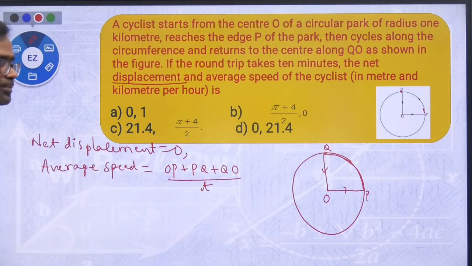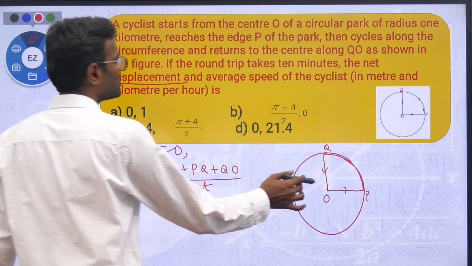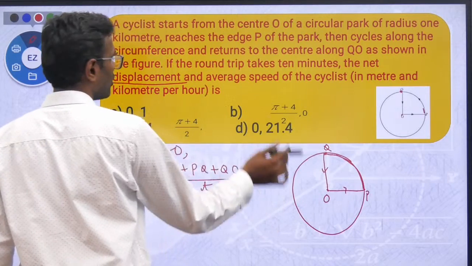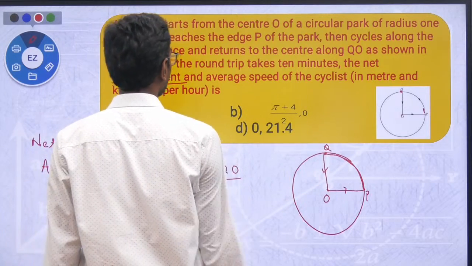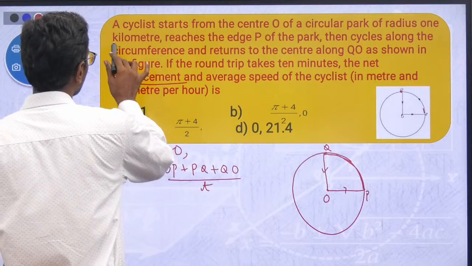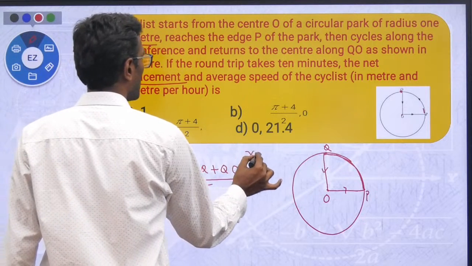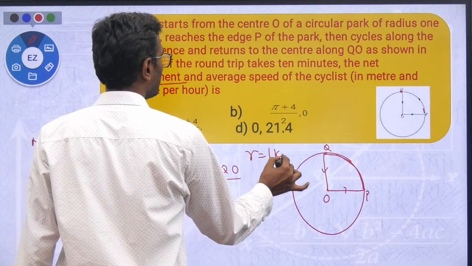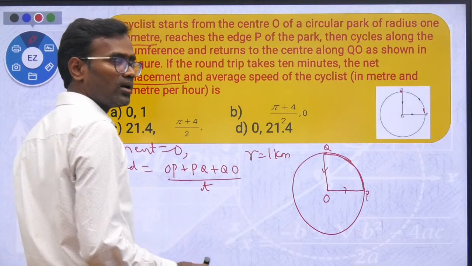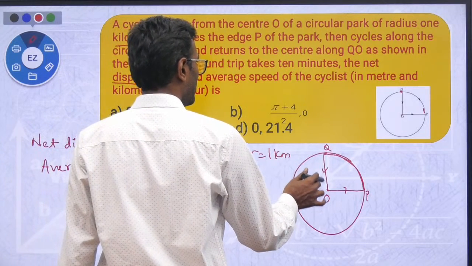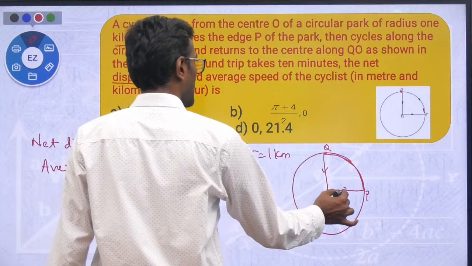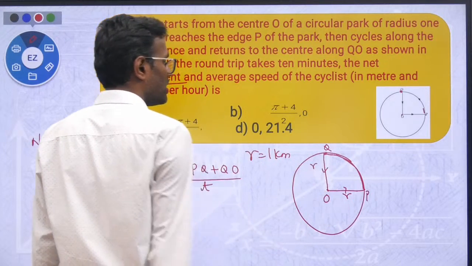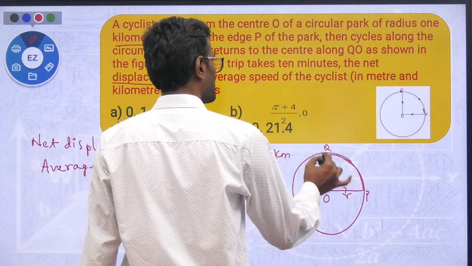OP is nothing but the radius, that is 1 kilometer. R value is 1 km, clear? This is R and this is also R. So this is 1 kilometer, this is also 1 kilometer.